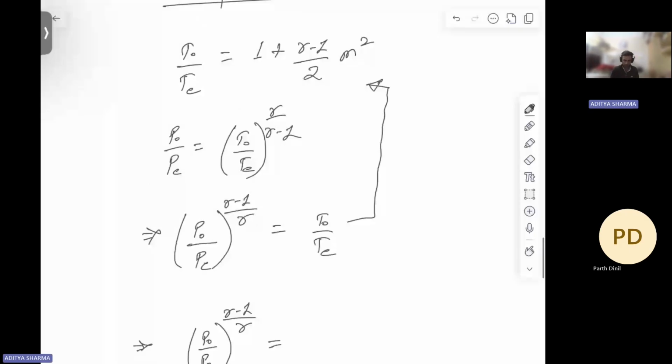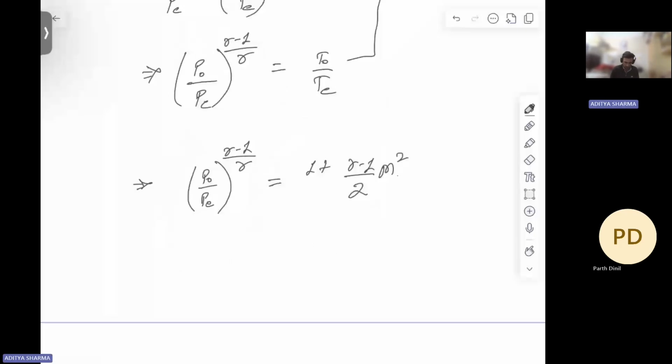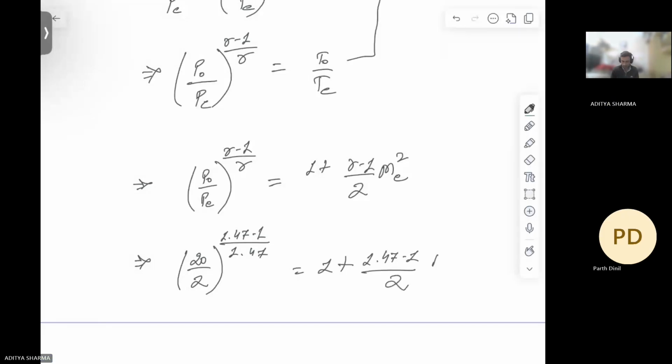This we can do, right? Now we can place the values: 20 by 2, raised to 1.47 minus 1 by 1.47, equals 1 plus 1.47 minus 1 by 2 M exit square.